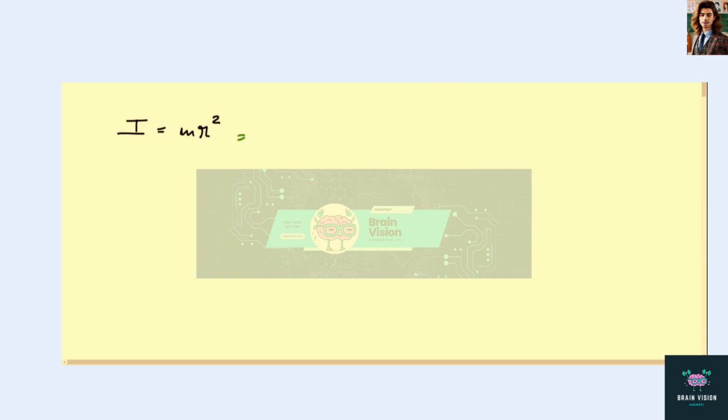So this is going to be 200 kilograms that multiplies the radius of rotation, which is 0.4, squared. That gives us a moment of inertia of the flywheel equals 32 kilograms meters squared.